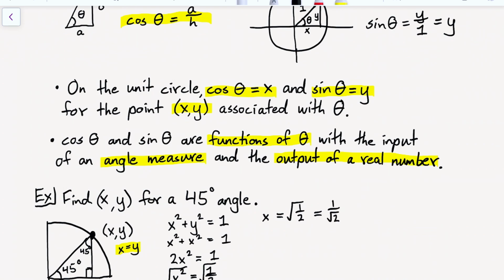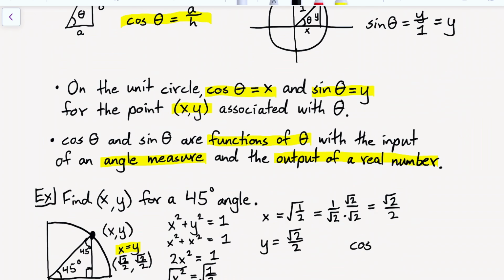We could rewrite this as 1 over root 2, and we could rationalize this denominator by multiplying by root 2 and rewrite it as root 2 over 2. So for a 45-degree angle, the x value is root 2 over 2 and the y value is root 2 over 2. x, y equals root 2 over 2, root 2 over 2.